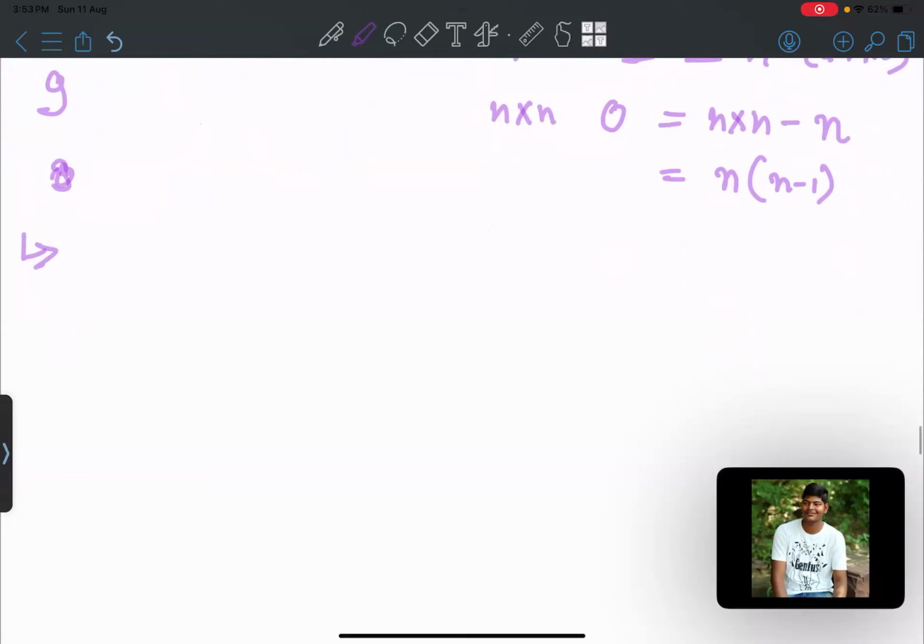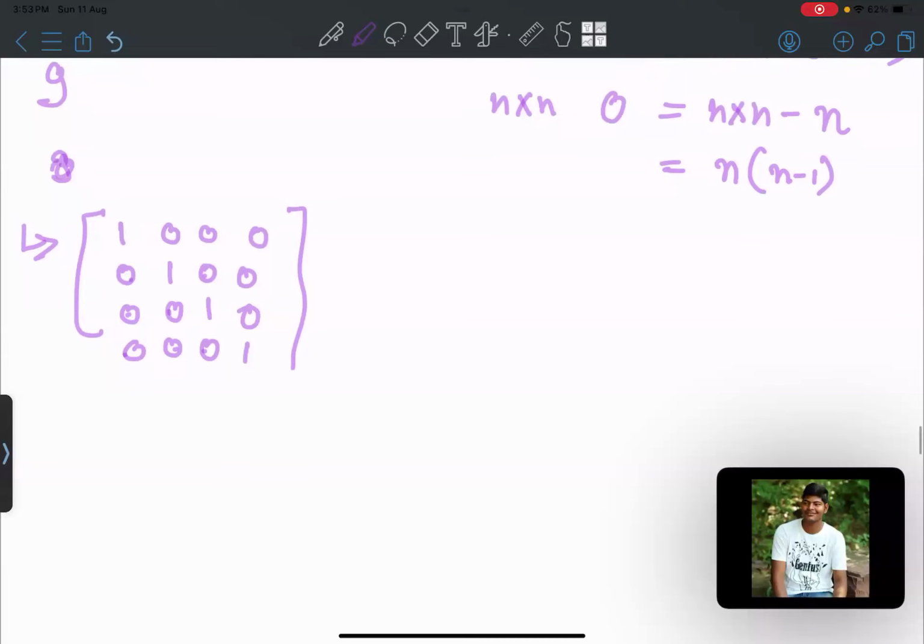Suppose we go for 4 cross 4: 1, 0, 0, 0, 0, 1, 0, 0, 0, 0, 1, 0, 0, 0, 0, 1. Counting the zeros, 1 to 12. So it will have n multiplied by n minus 1 zeros.